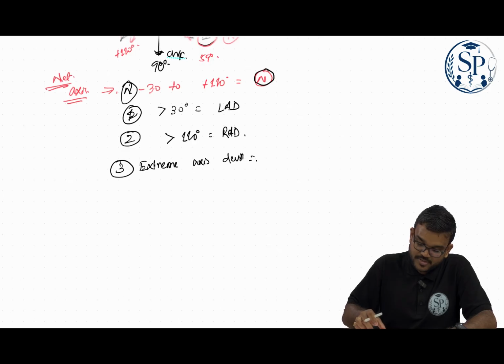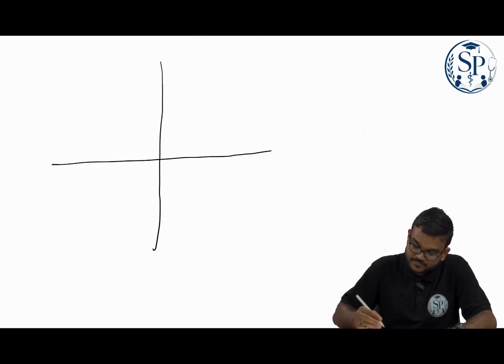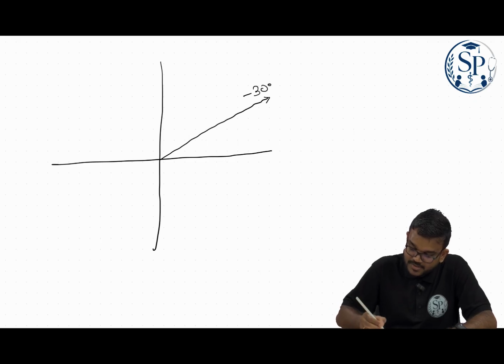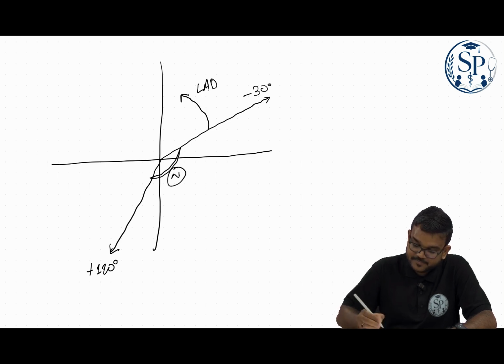So we'll redraw this diagram. Minus 30, plus 110, this is normal. Beyond minus 30, it is left axis deviation.